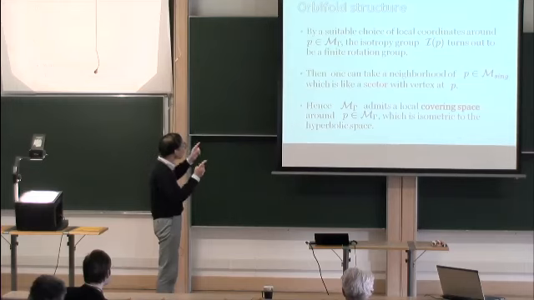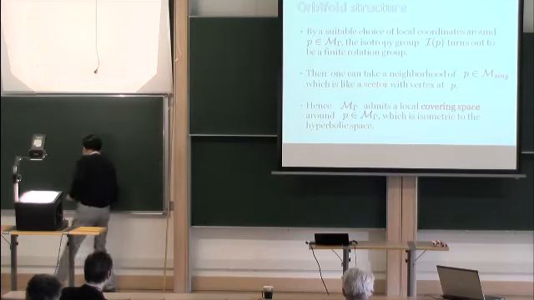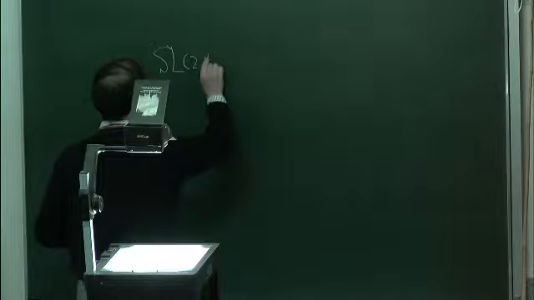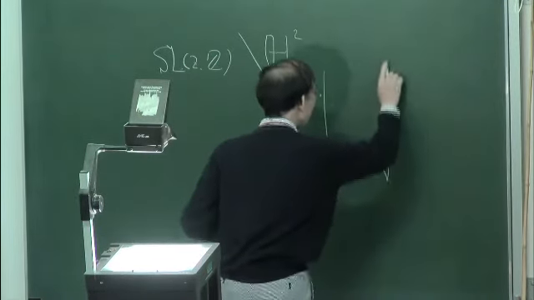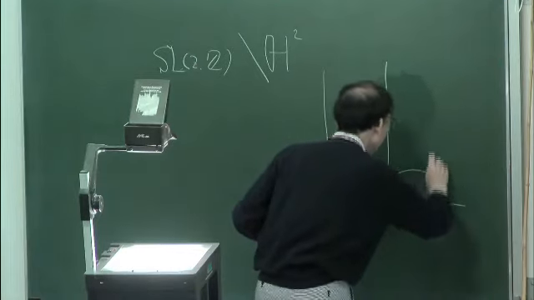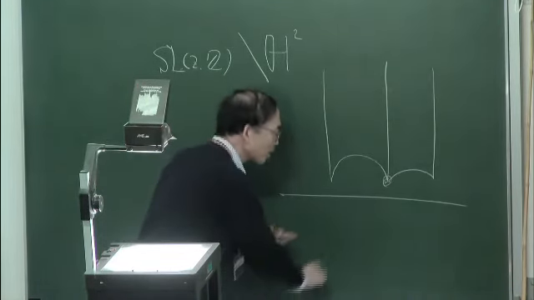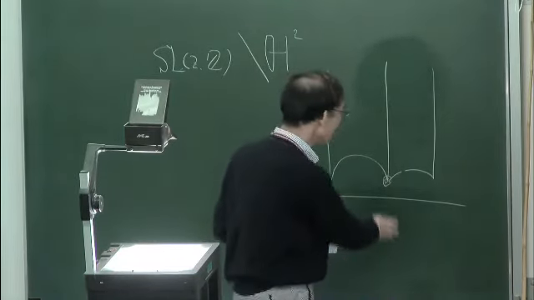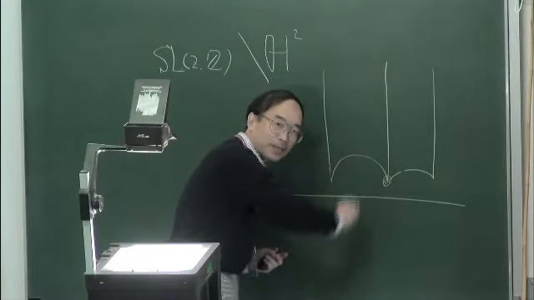And then you can take a neighborhood of P, which is like a sector with vertex at P. For example, in the case of SL(2,Z) over H², the fundamental domain is like this. So this is a singular point, and around the singular point, the fundamental domain becomes like a sector. And in this case, the rotation group is a rotation group of order 3.